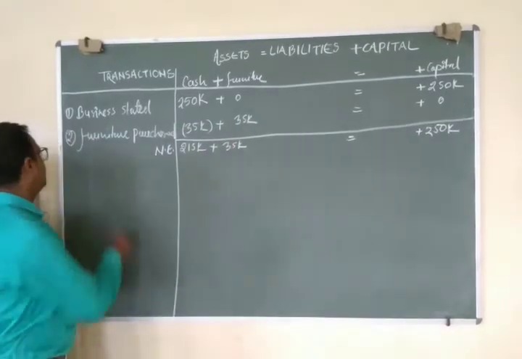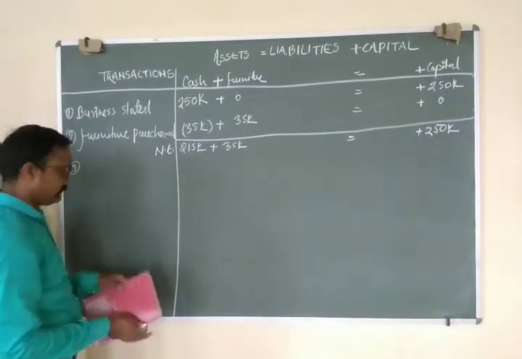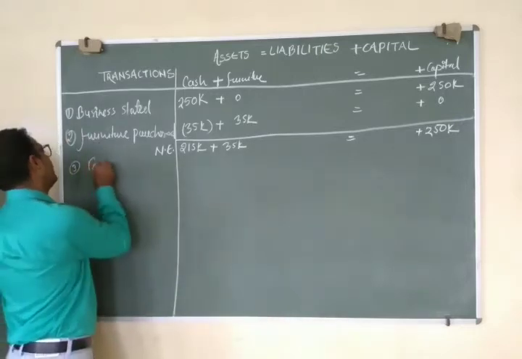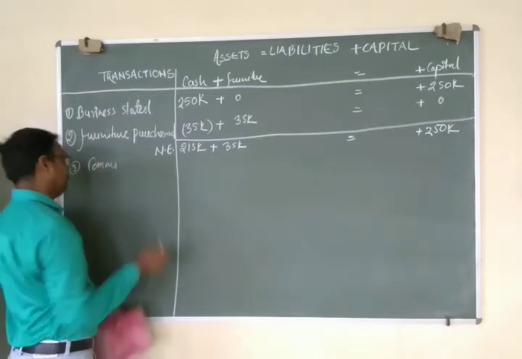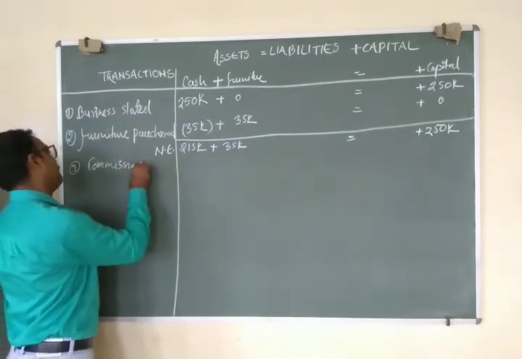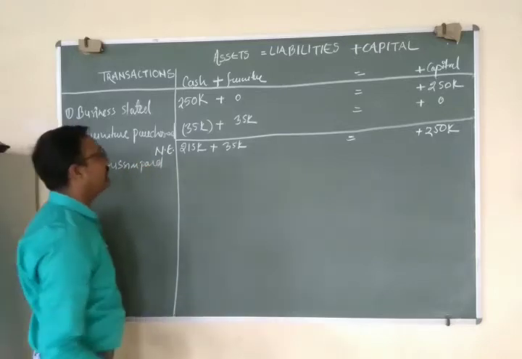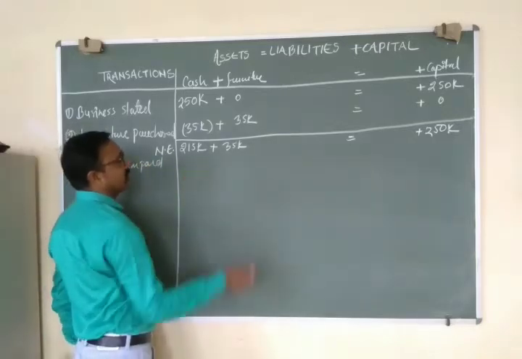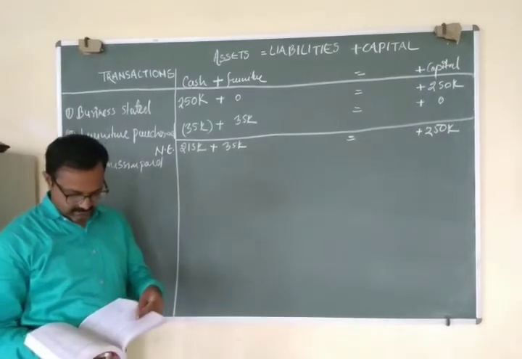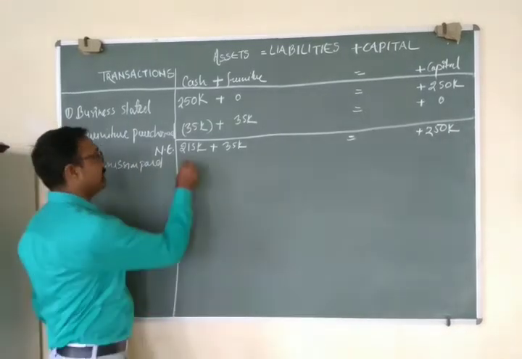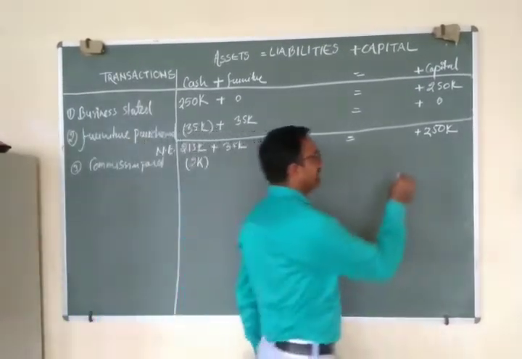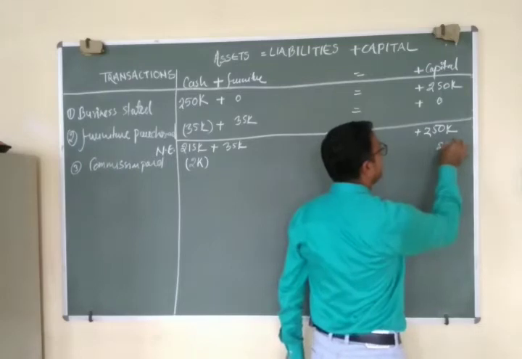Okay, so next we have the third: he paid commission. So we can write commission paid rupees 2,000. If we are paying any kind of expense, this expense will decrease our cash. So cash will decrease by 2,000, but at the same time our capital will decrease.